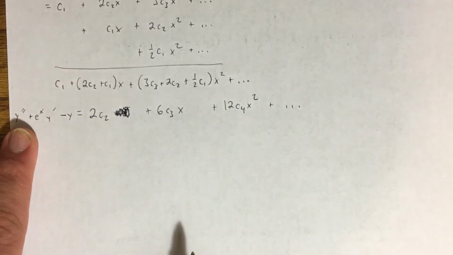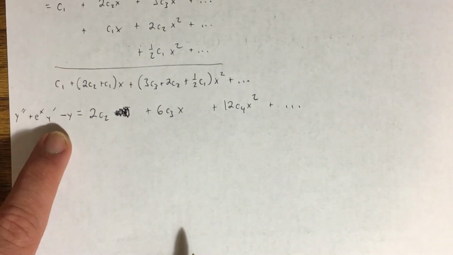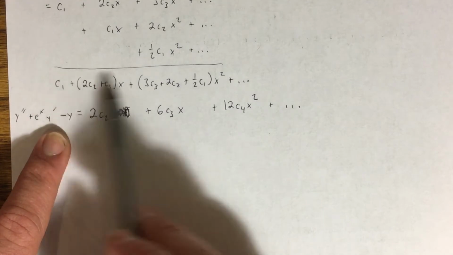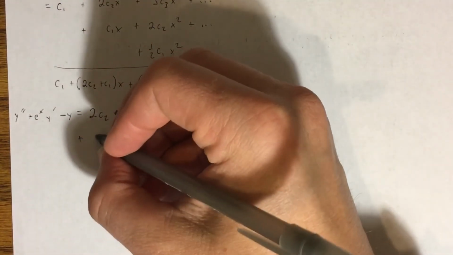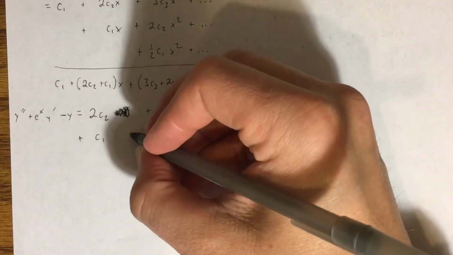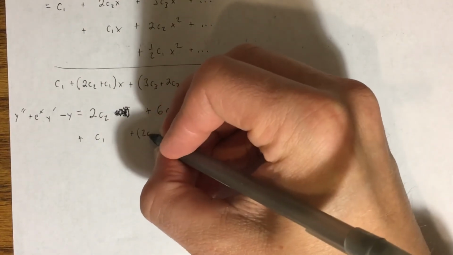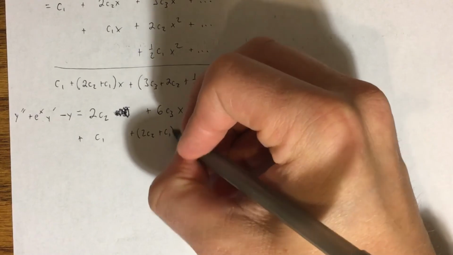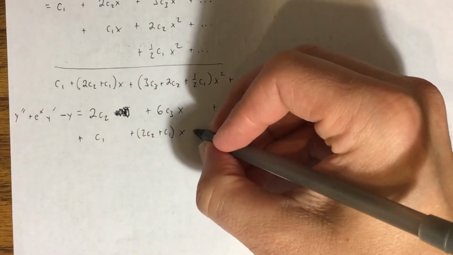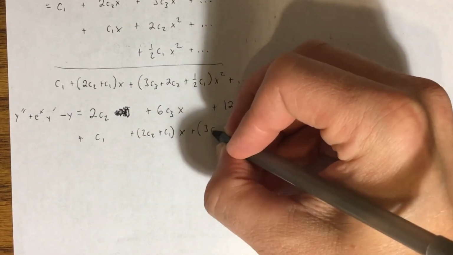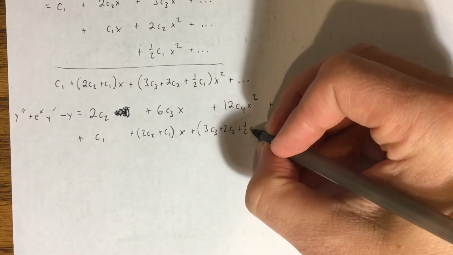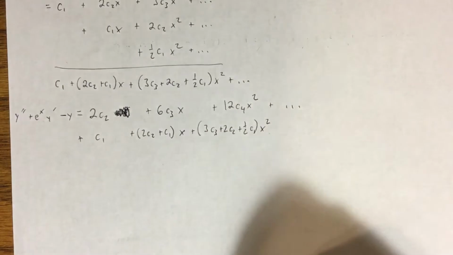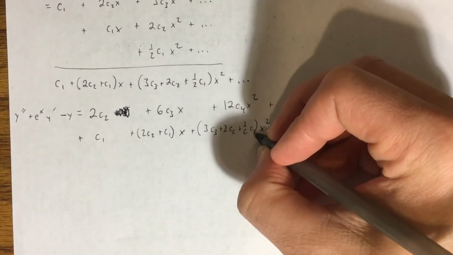Now I'm going to do plus e to the x y prime, which we found the first three terms of that series up here, but again I'm going to stack those. So this is going to say plus c1 plus 2c2 plus c1x plus 3c3 plus 2c2 plus 1/2 c1x squared plus dot dot dot.